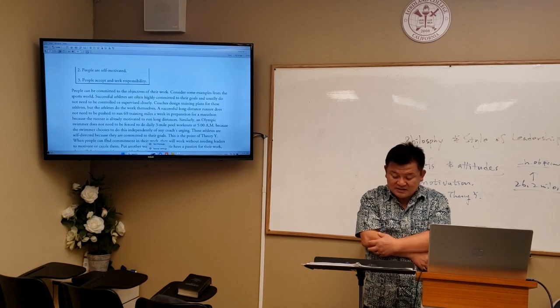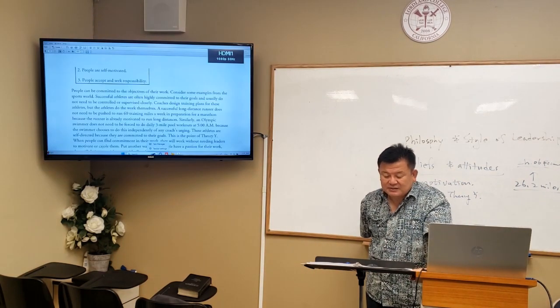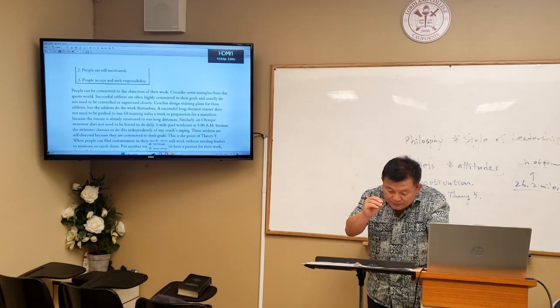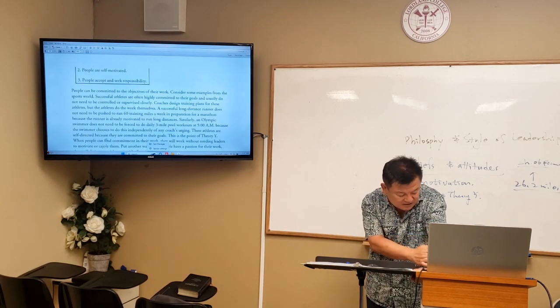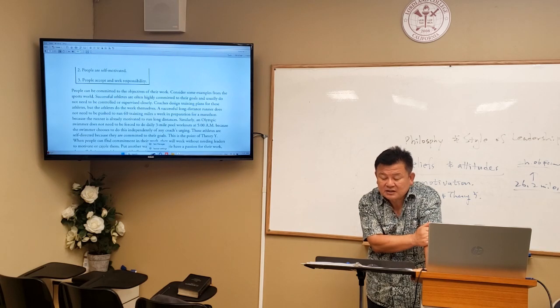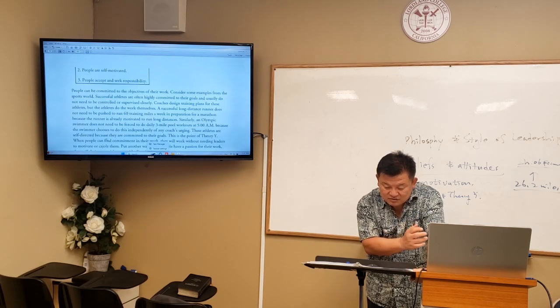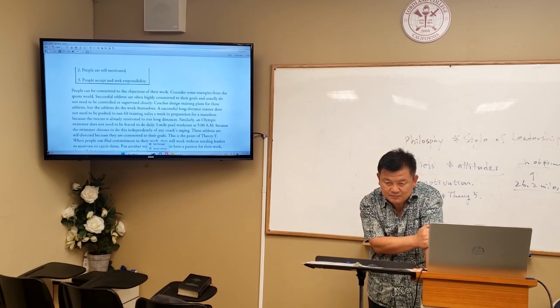If given a chance, people have the capacity to engage in a wide range of goal setting and creative problem solving activities. It means if you are given a chance to work on a project, you engage in creative problem solving activities and a wide range of goal setting. This is the Theory Y style.